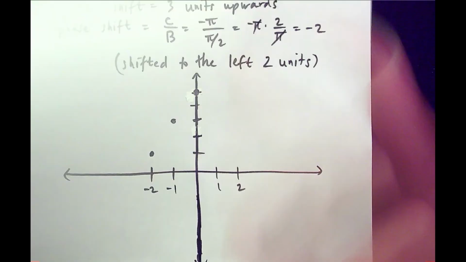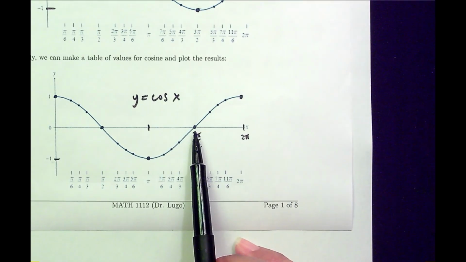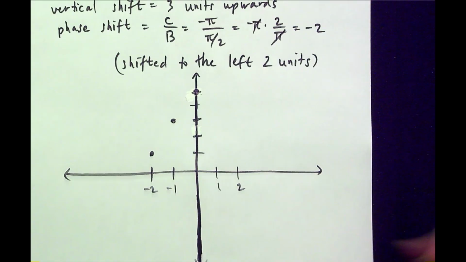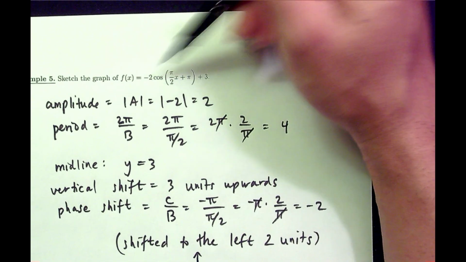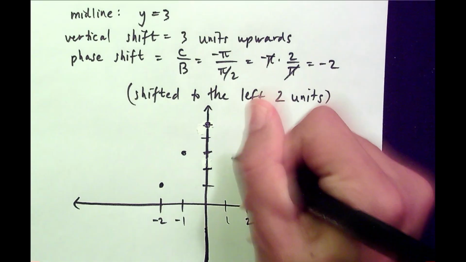Now, the y-coordinate of the point over the fourth tick mark is 0. So 0 times a plus d. 0 times -2 is 0, plus 3 is 3. So we're supposed to be right here.